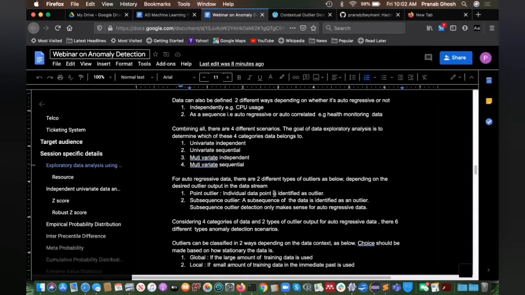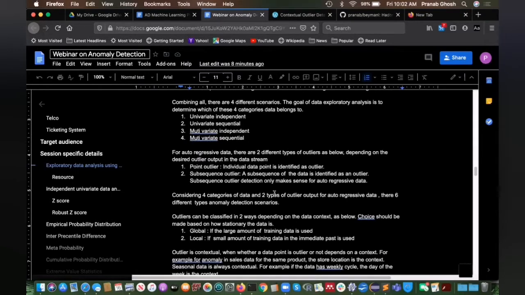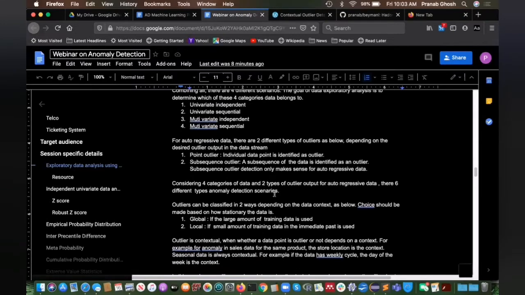And then using the algorithm, you find out whether that subsequence is anomalous or not. So it's kind of a part of the solution. So considering this, there are actually 6 different scenarios, because for the sequential data, the output could be either a point outlier or a subsequence outlier. So taking everything into account, there are 6 different types of anomaly detection scenarios.